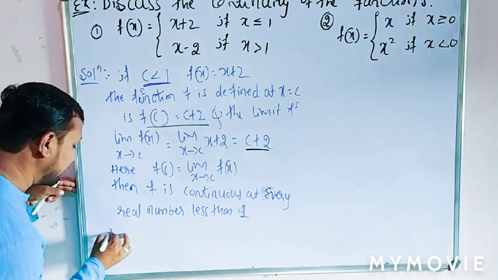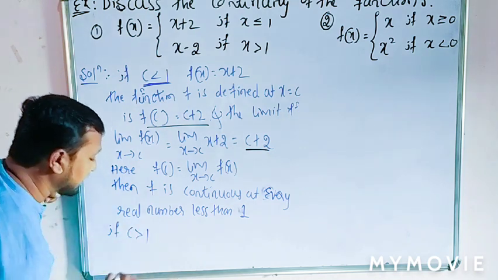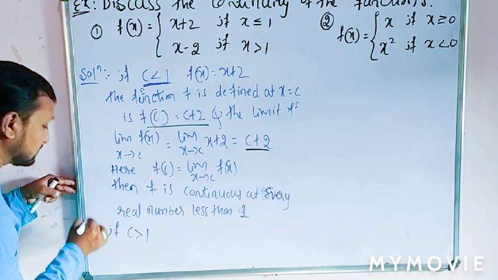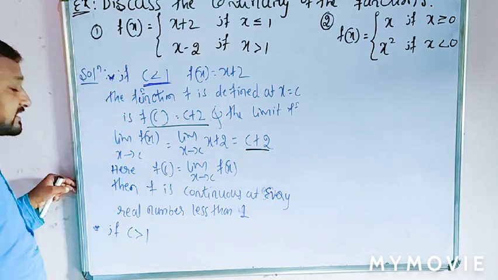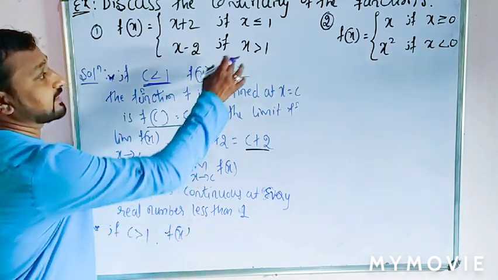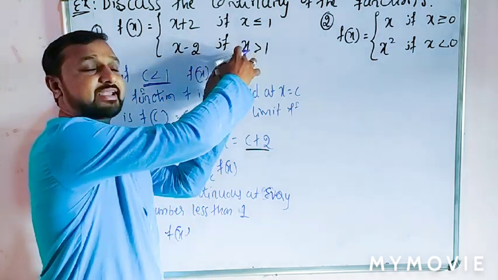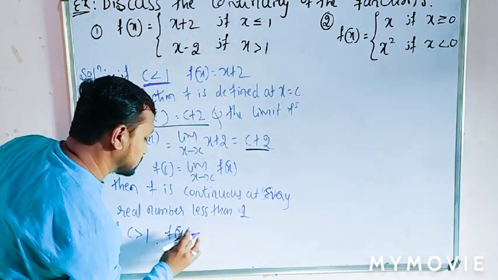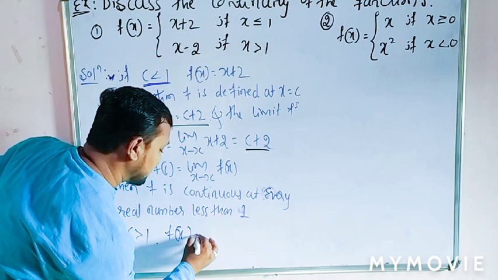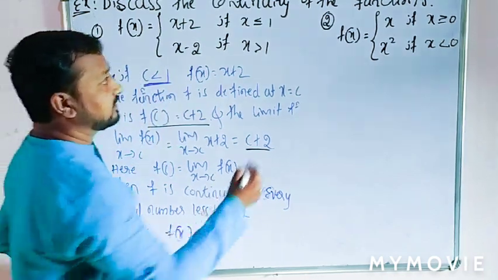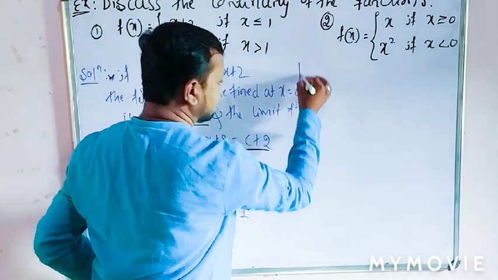And again, we take C greater than 1. If C is greater than 1, taking a general point x equal to C, then the function is x minus 2, f of x equal to x minus 2. Again we apply the same procedure.